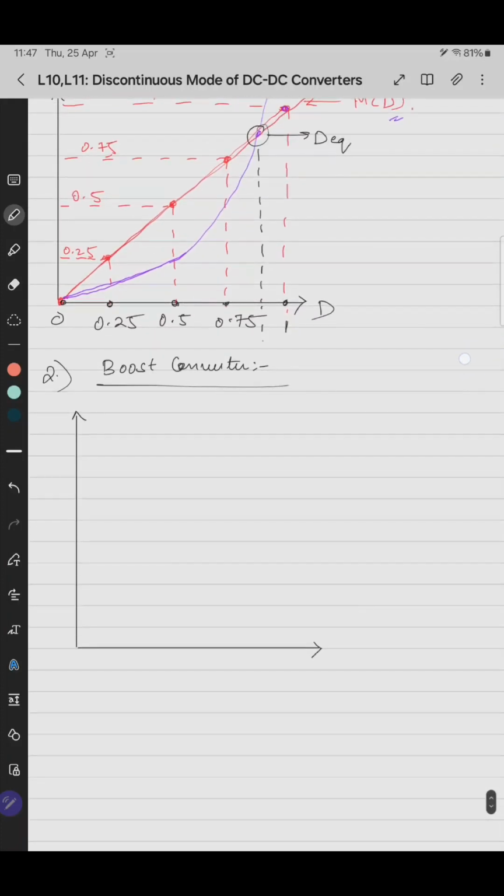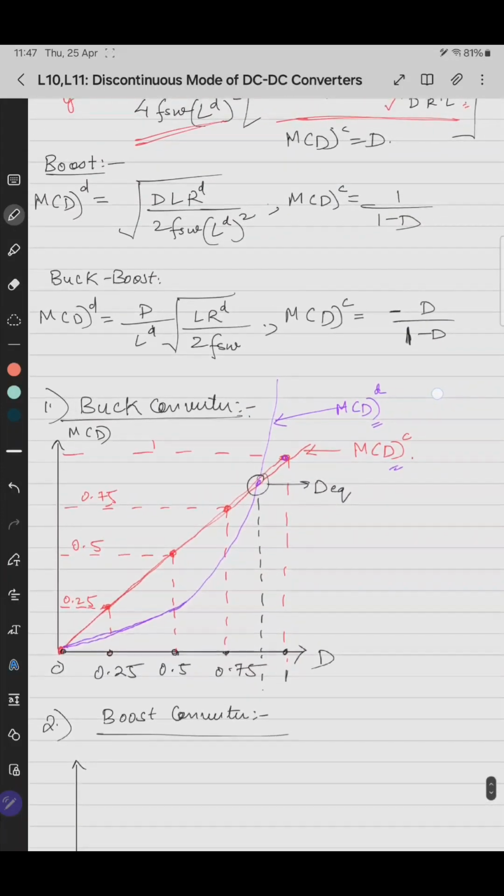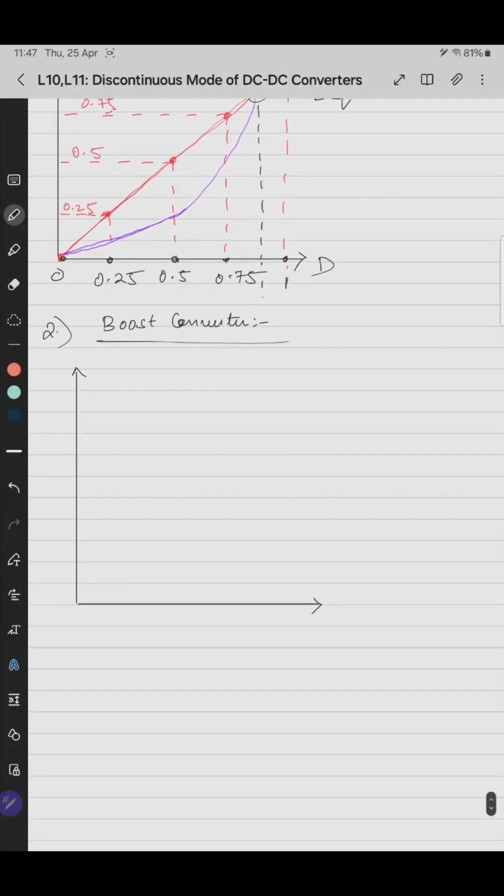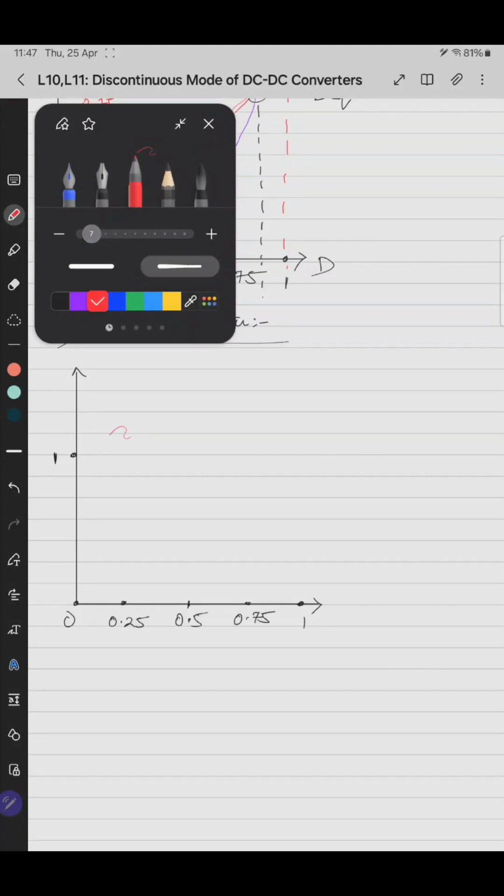For a boost converter, M of D for CCM is 1 by 1 minus D. So 1 by 1 minus D looks like this. It starts from 1 at D equals 0, with 0.25, 0.5 and 0.75 marked on the axis. At D equals 0, the gain is 1, and the gain increases like this.